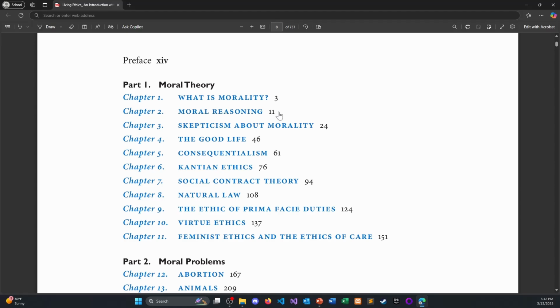This moral reasoning chapter is going to try to teach you the method of how to reason properly. So, chapter 1 introduces the topic in the broadest possible strokes. Chapter 2 introduces the method in the broadest possible strokes.